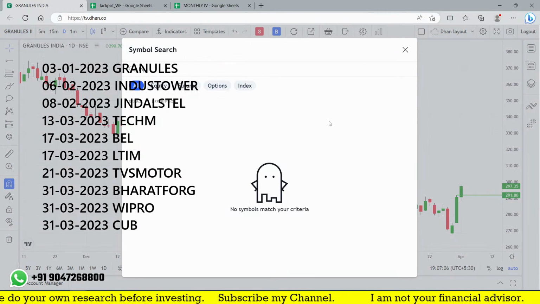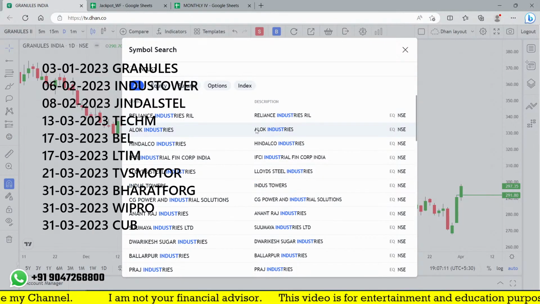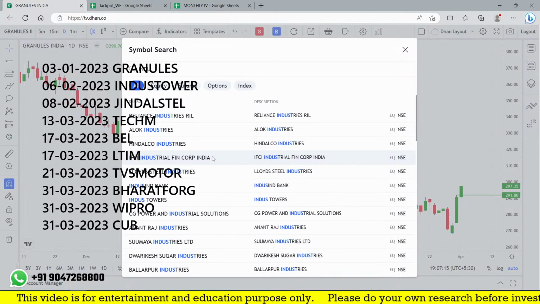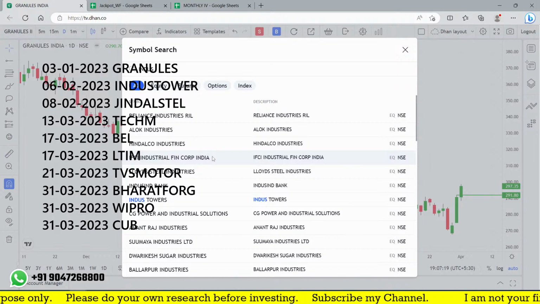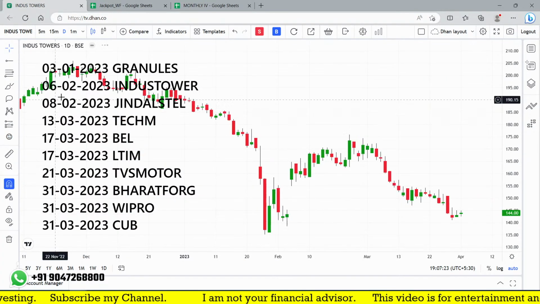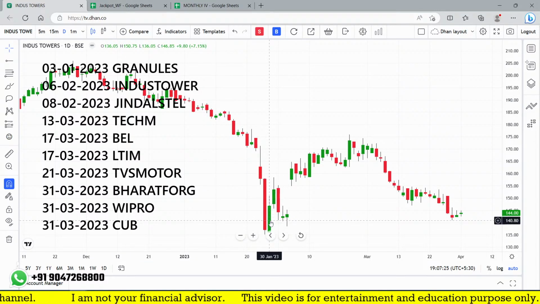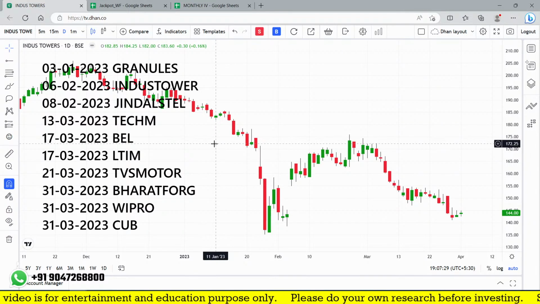And Indus Tower is another one. Indus Tower is the second stock, on 6th of January. Let me go to 31st January, 6th of January, where it is 11th January.